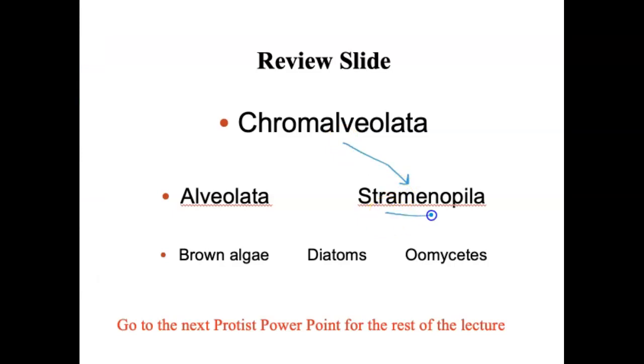Once we're here, we go either here, here, or here, based on other characteristics that we'll talk about for each of these three groups. So we're just going now to the right-hand side of the review slide, tackling those three groups and looking at their diversity.